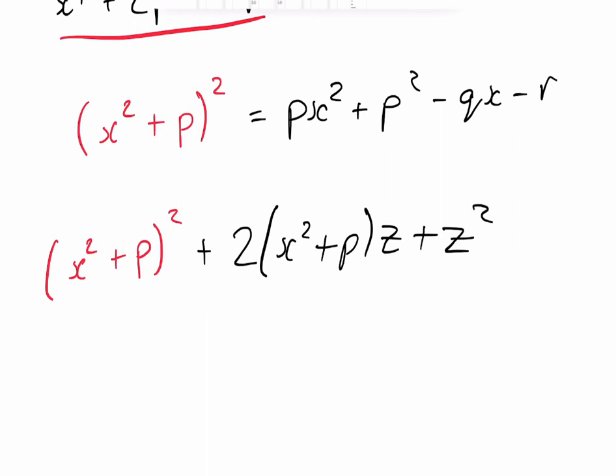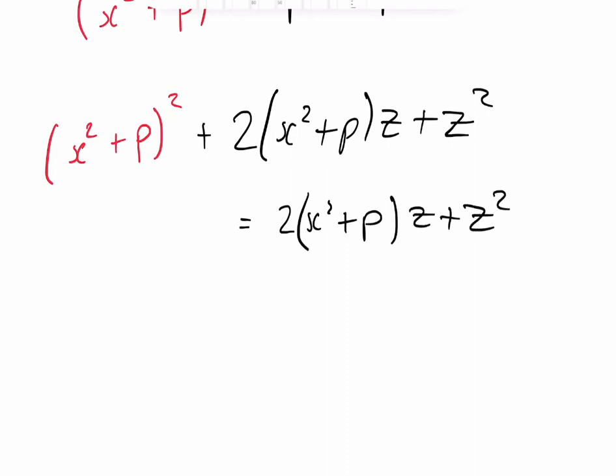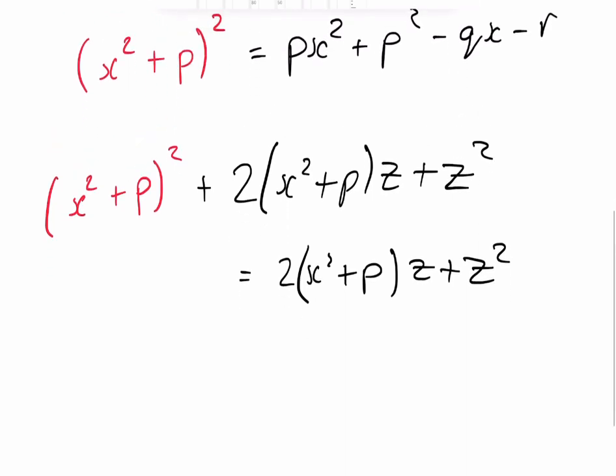That is now our left-hand side, and that will be equal to 2x squared plus pz plus z squared plus everything else we originally had, that is px squared plus p squared minus qx minus r.